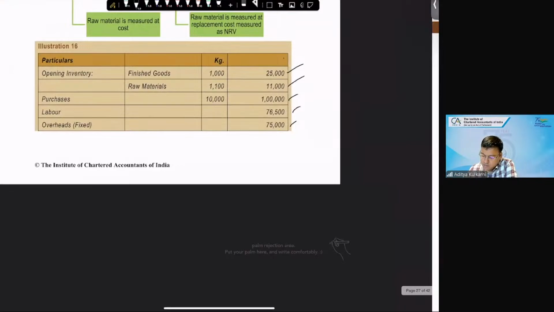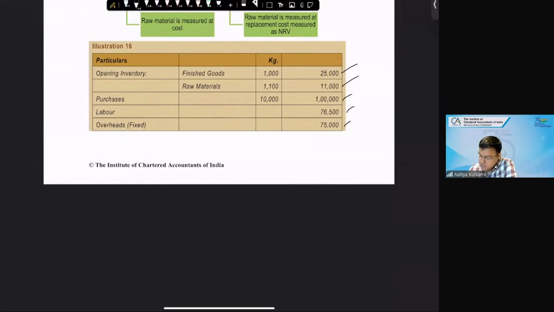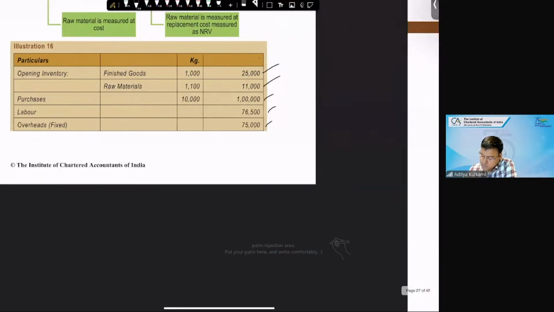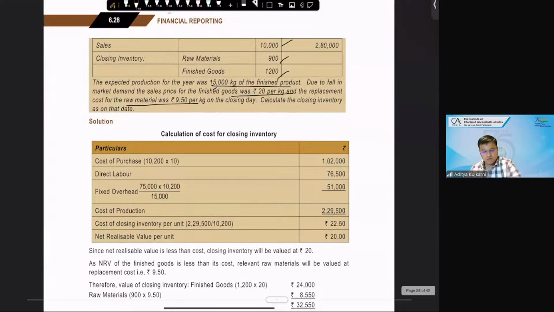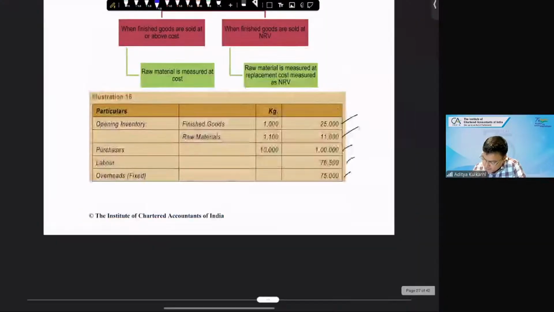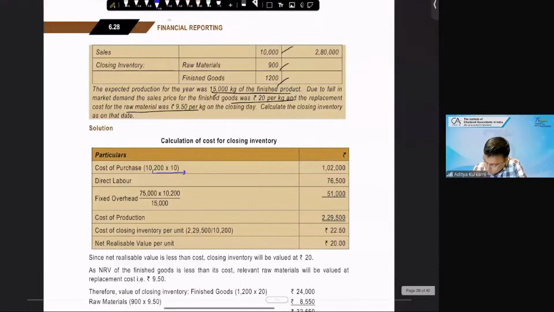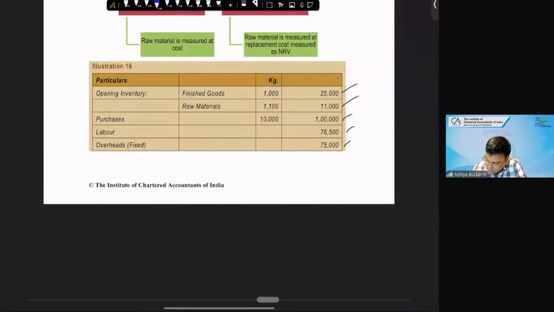Stock of finished. All right. This 10,200 is nothing but opening stock of raw materials 1,100 plus purchase of raw materials.